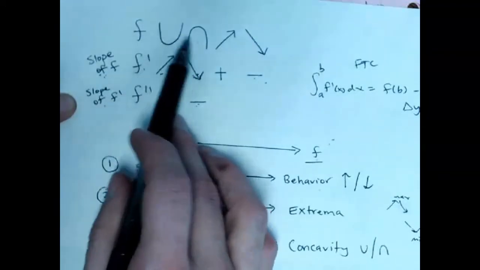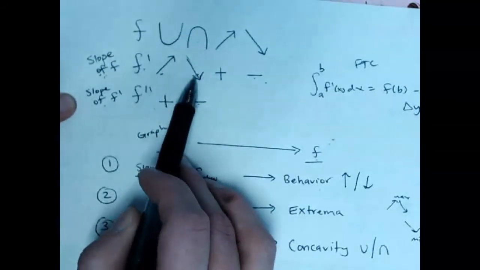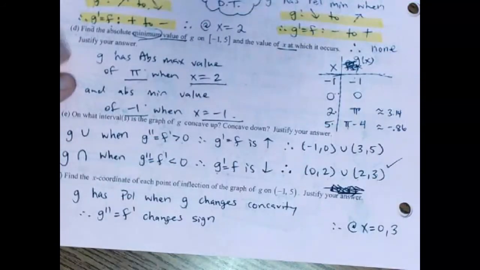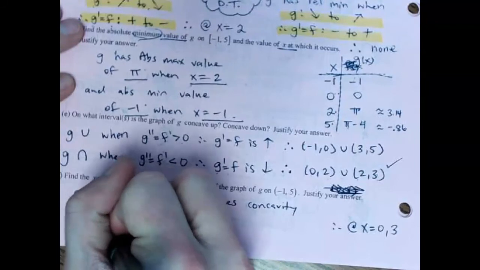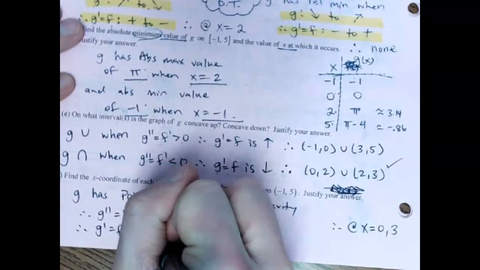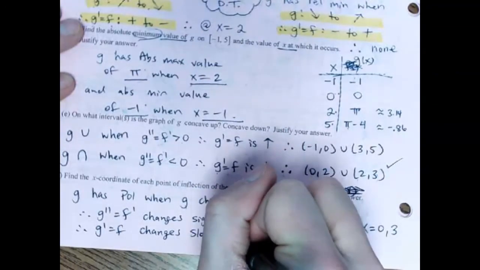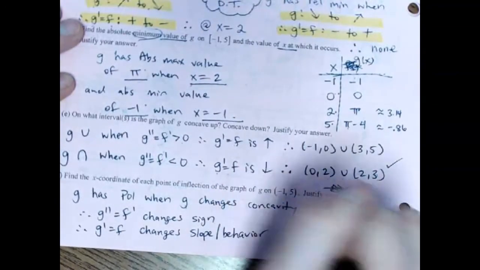So we could say, if we want something to change concavity, that means the second derivative changes sign. That means the first derivative changes slope, or it changes behavior. So you could say also G prime, which is f, changes slope. Or if you don't like the word slope, you could say behavior. Behavior is the better, more mathematically precise word.